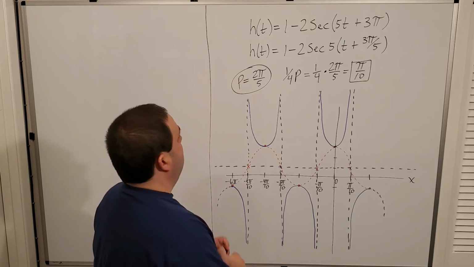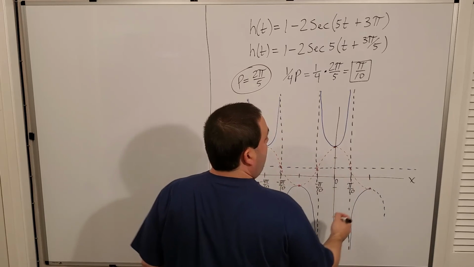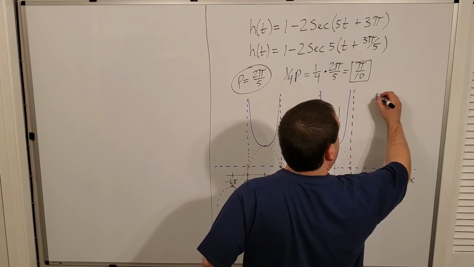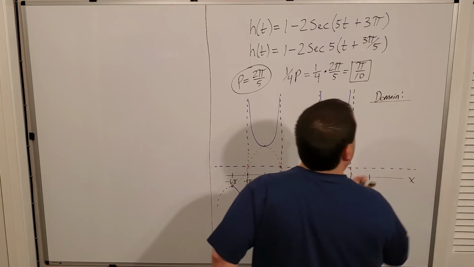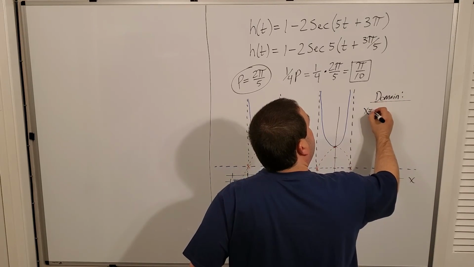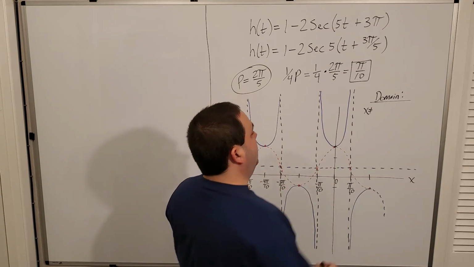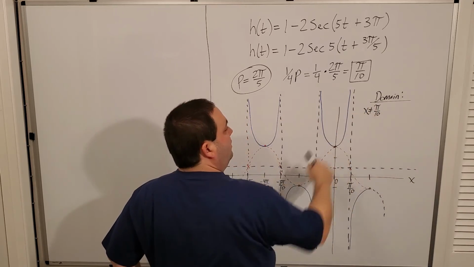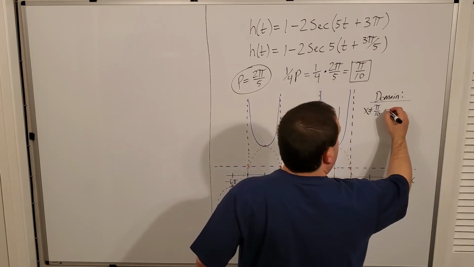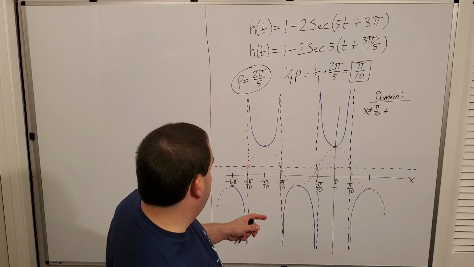And then from here, I'm just going to list out the domain and the range. Domain: x cannot be, and let's pick an easy one, let's pick π/10. That's a true statement. Plus, how far is the gap between any two asymptotes?